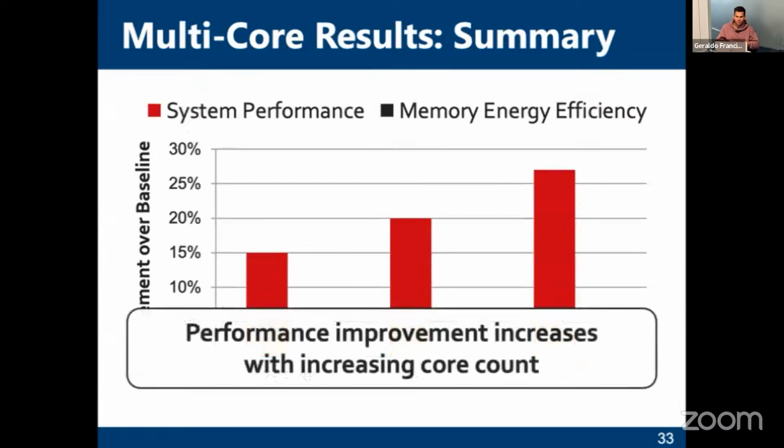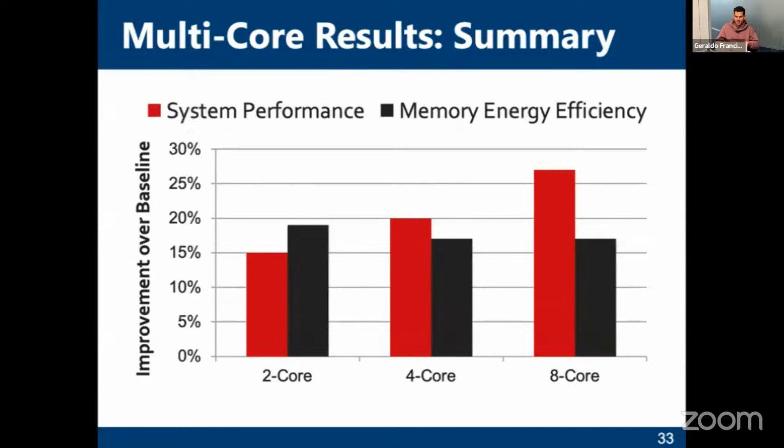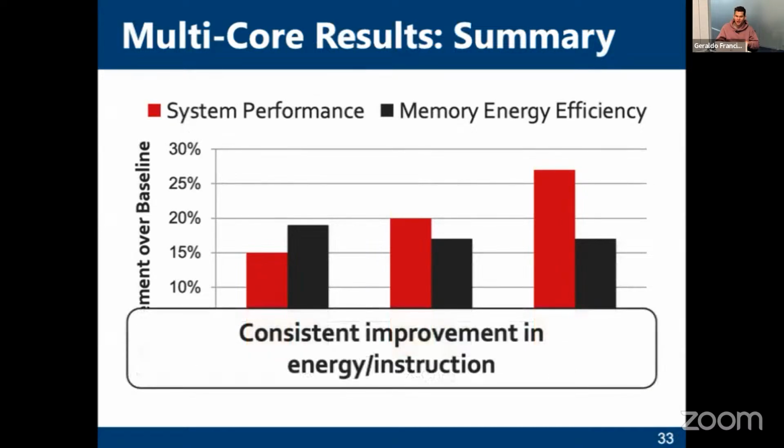Again, we see some performance improvements with the increasing core count because the CPU can use the memory bandwidth that is saved doing row copy operations to serve requests to the SPEC workloads themselves. And similarly, we see some memory energy savings compared to the CPU system, due to a reduction in the traffic in the bus.